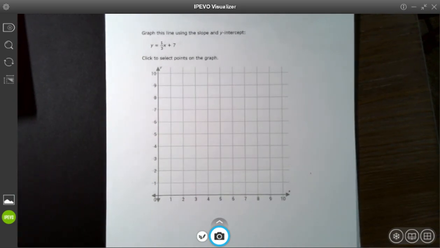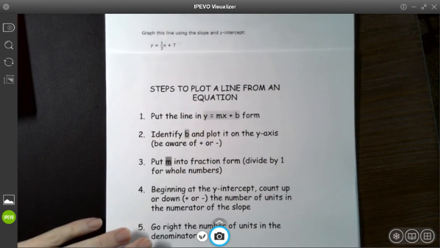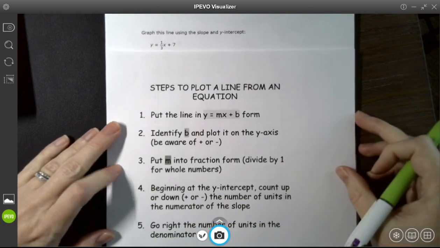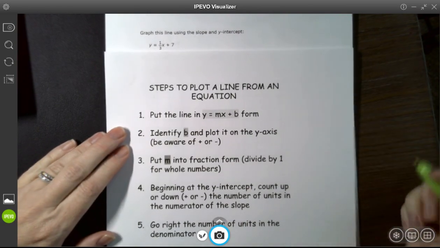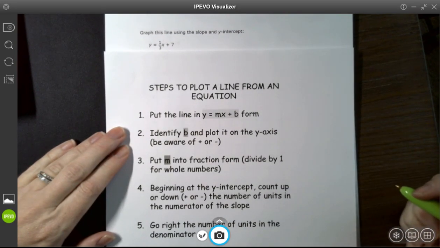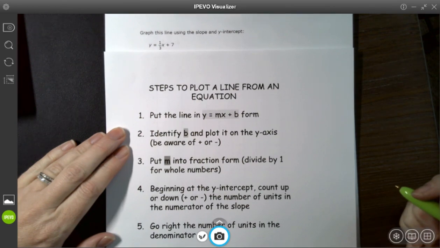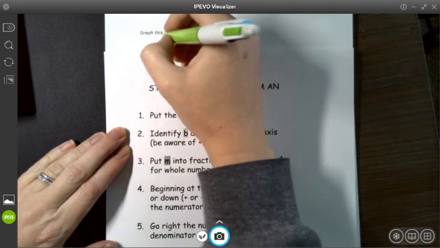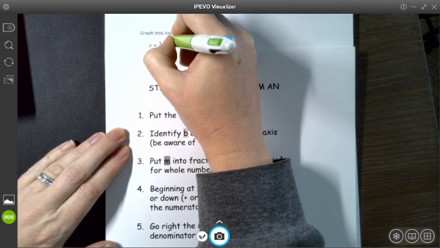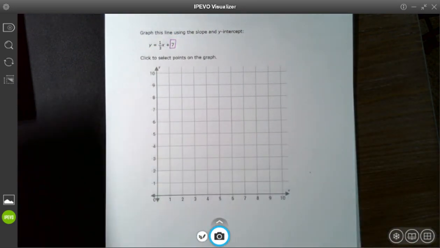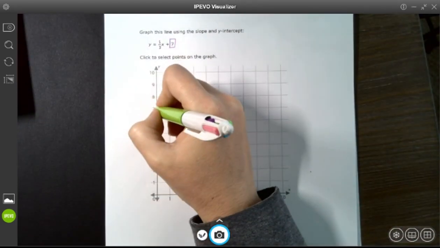Here I have the equation y equals 1/3 x plus 7. Step 1 is to put it in slope-intercept form, and it is. Step 2, identify b and plot it on the y-axis. Here is my b. I'm going to plot it on my y-axis.